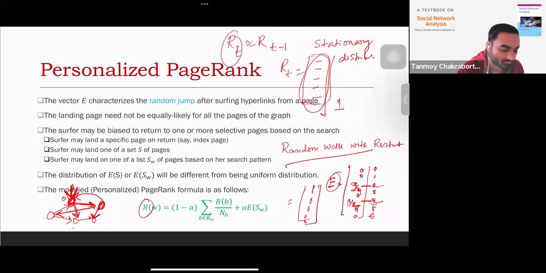So whenever you see any recursive formulation, you may be asked to decide or conclude whether your formulation has a stationary distribution or not, whether your algorithm will converge or not. You'll have to mathematically prove that it would converge.